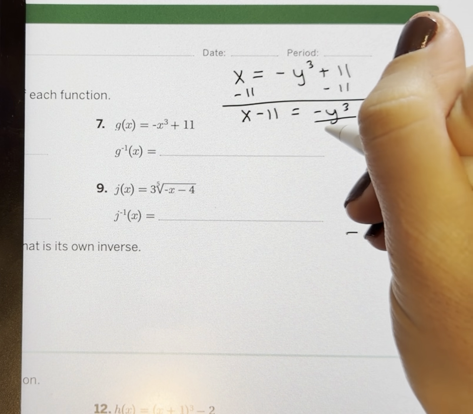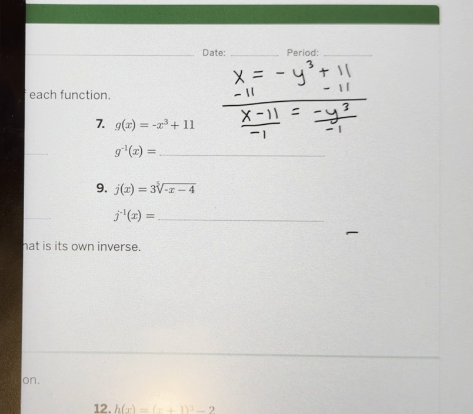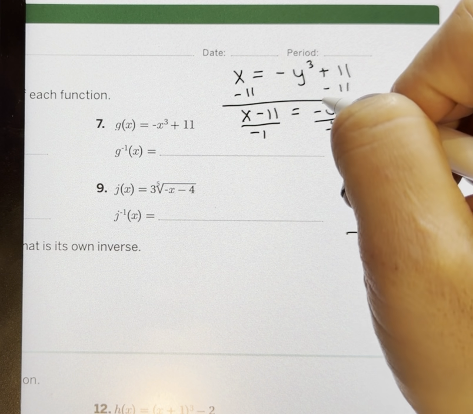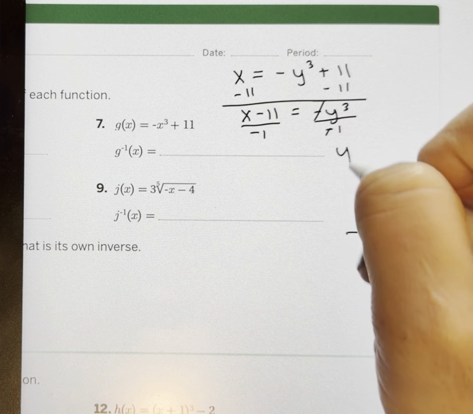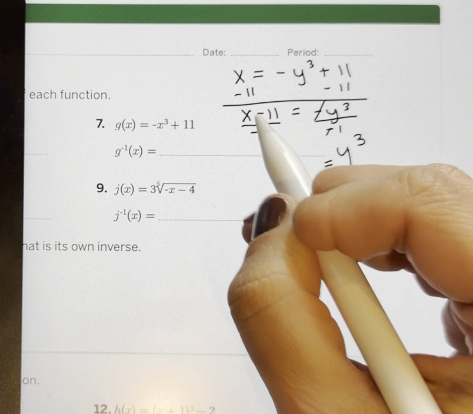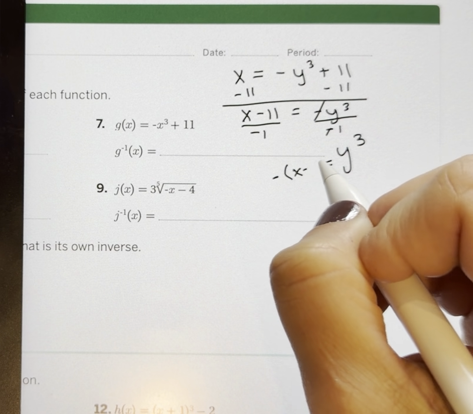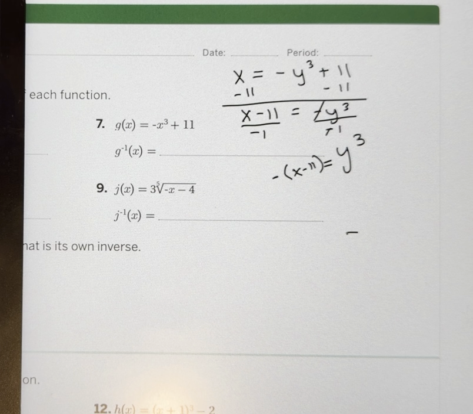So we'll divide it, or technically multiply it. I mean, when it's a negative 1, dividing or multiplying is the same thing, just like a positive 1 is. So here these cancel, and I have y cubed equals, and then over here I have all of this over negative 1, which is the same as negative 1 times it, okay?